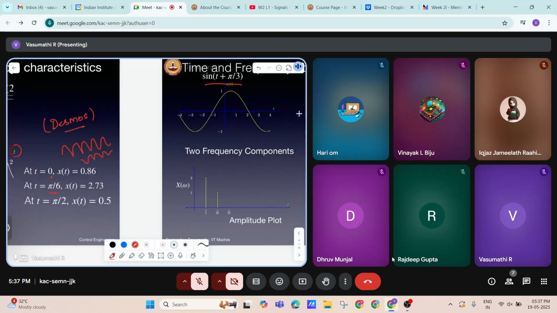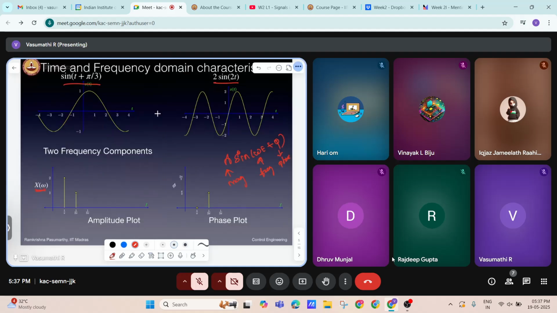So how are we going to represent this? This is the magnitude. The first signal's magnitude is 1, sin of t plus pi by 3. And the magnitude of the second signal is 2, so we have represented this as 2, sine of 2t.